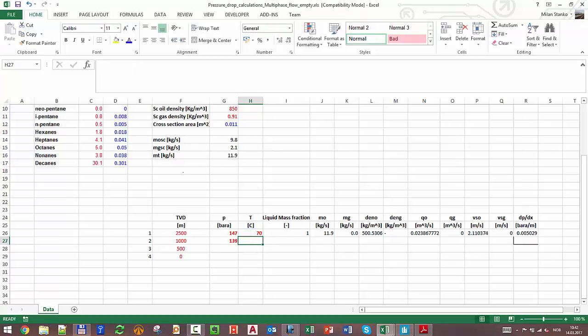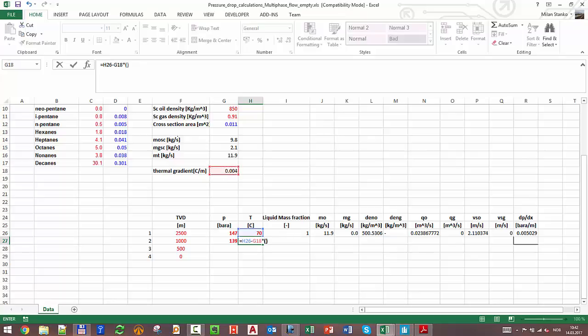Let's just calculate maybe here thermal gradient, and that's in Celsius per meter, and that will be the temperature at the bottom minus the temperature at the top, divided by the elevation minus 0. Okay, that correct? Yes.